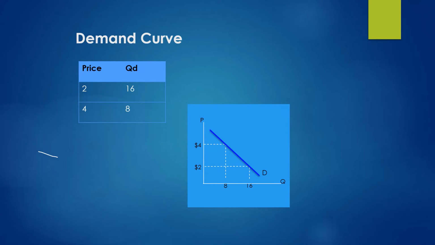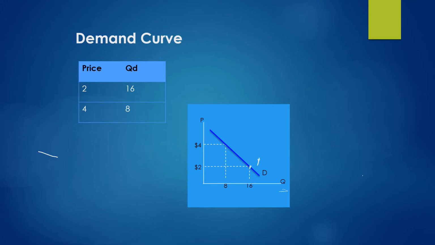And on the other hand, quantity demanded is on the x-axis. Quantity demanded is the dependent variable. Why? Because the quantity demanded depends on the prices. So when price is $2, the quantity demanded is equal to 16. So we will get this point.